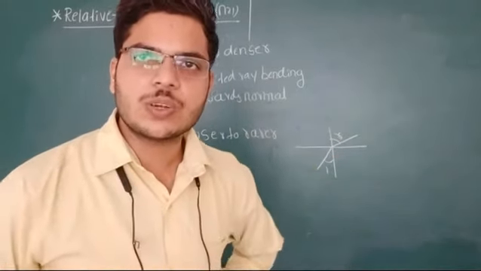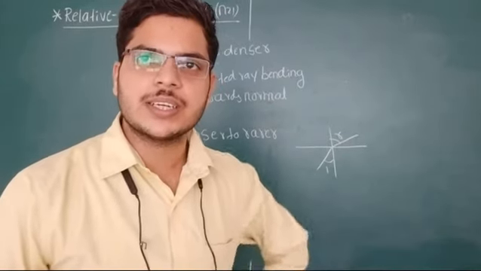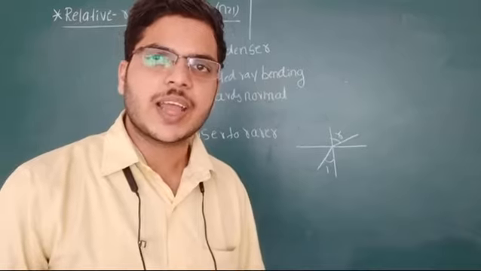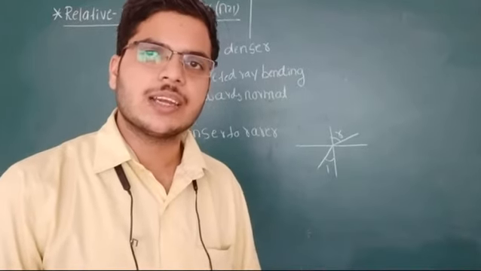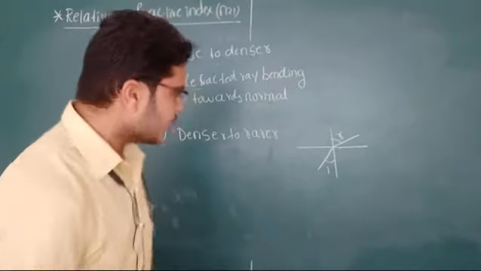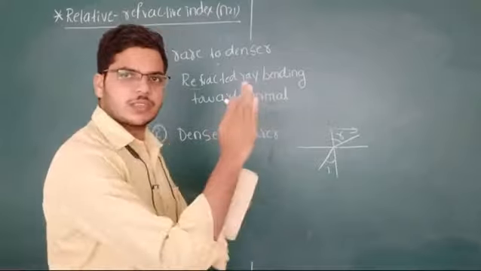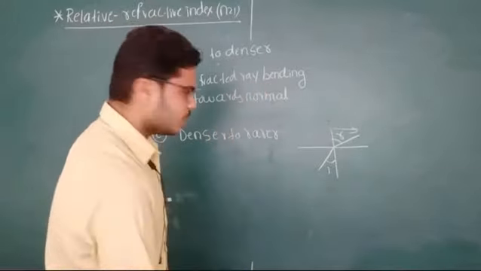If I is equal to 20 degree, the angle of refraction is greater than 20 degree. It may be 30 degree. If the angle of incidence is 40 degree, the angle of refraction is 50 degree, 60 degree, like this. Therefore, the refracted ray is going away from the normal.